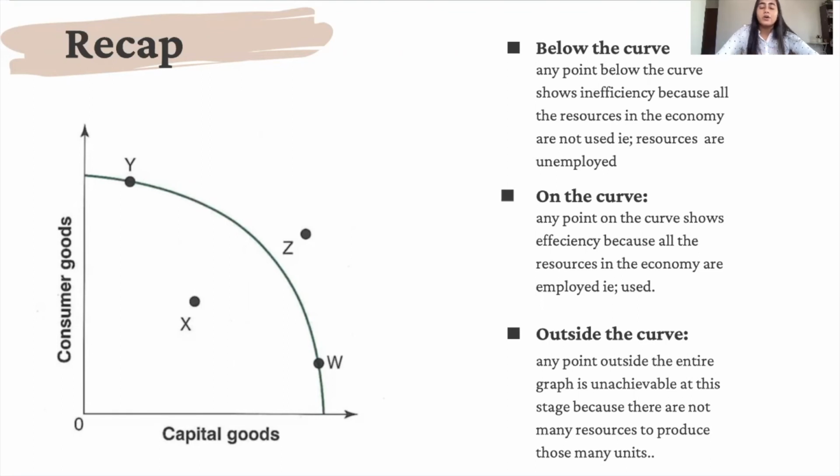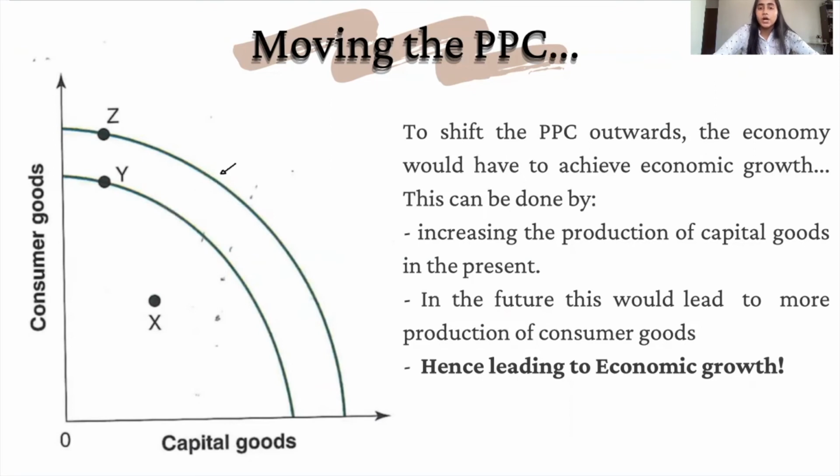And being outside the curve is not possible. It's not possible because you don't have enough resources available to produce that amount of goods or services, in this case, point Z. But it is possible to shift the PPC out from one curve, in this case, the curve where the arrow is pointing, to the outside curve.